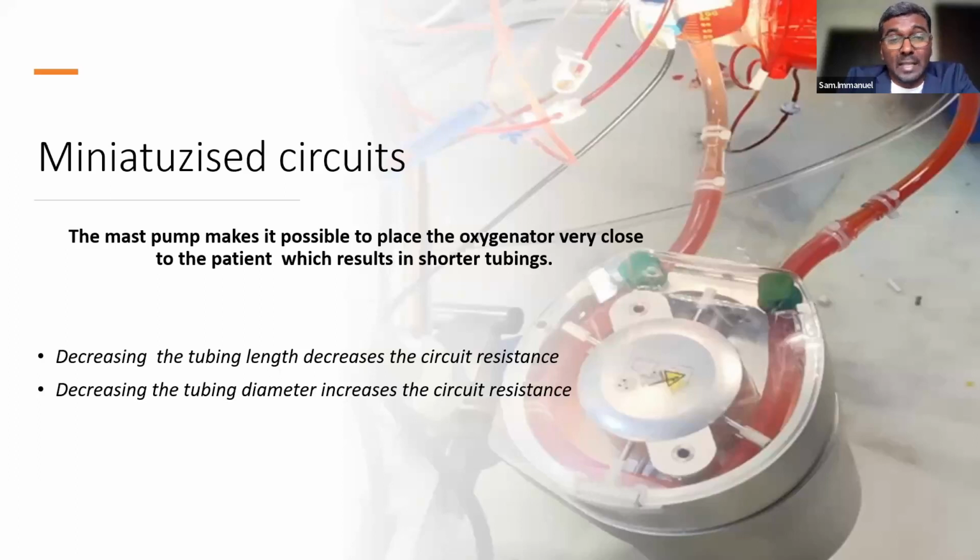Don't ask me how, that is what they do, because with the help of the mast pump, with the help of the smaller circuit, VAVDs, and autologous priming, RAP, and all those things, they have reduced the priming volume by miniature circuit as well. And I can say that it helps the patient's outcome. The morbidity and mortality is reduced in a considerable level.